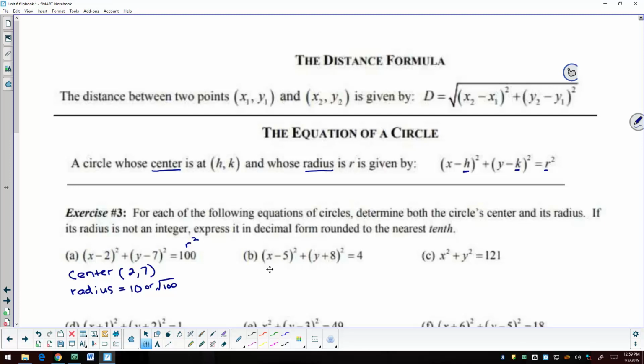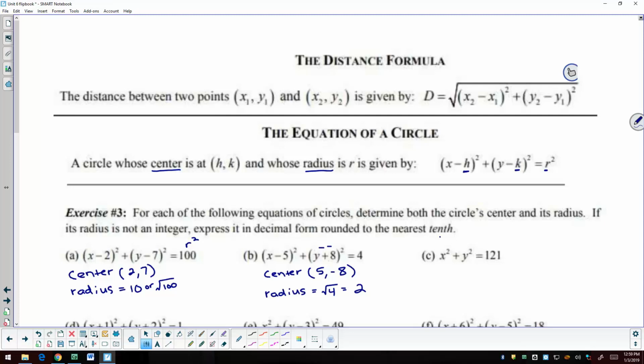So letter B, the center would be at +5, -8, because really this plus sign came from it being minus a -8. And then the radius is the square root of 4, which is a perfect square, so I can rewrite that as 2. In this one, you're probably thinking, wait, there are no parentheses and there are no numbers.